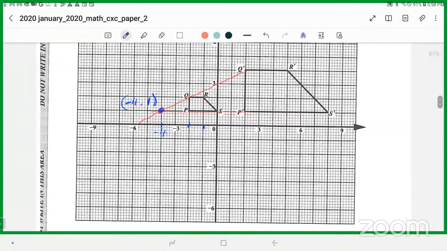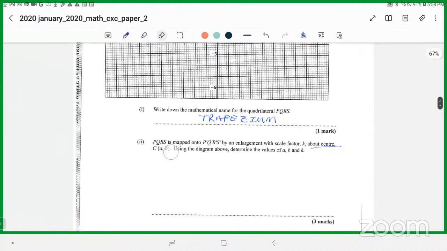So I can answer everything down here now. It says using the diagram, determine the value of A, B, and C. See here now, the K is equal to 3. And the center point AB is actually the point -4, 1.